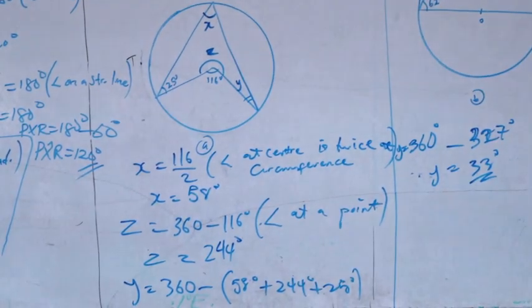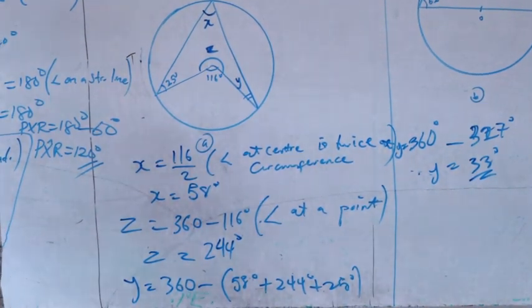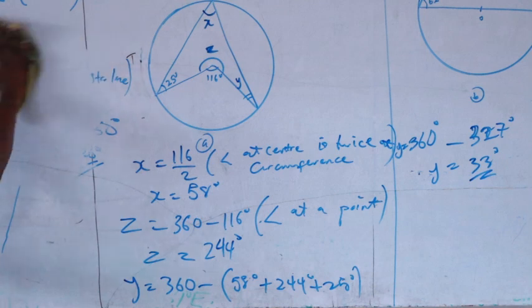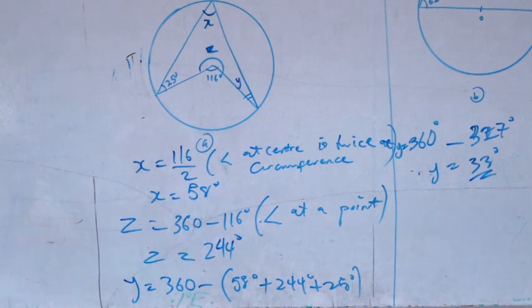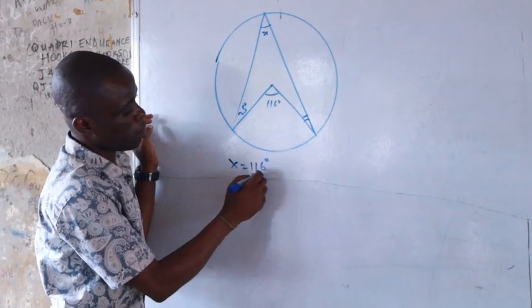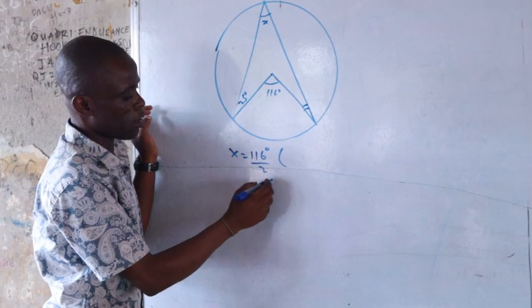But this is one method. You can also use this method. It is 116 over 2, the same reason, 58.